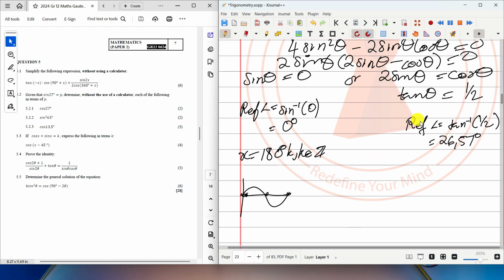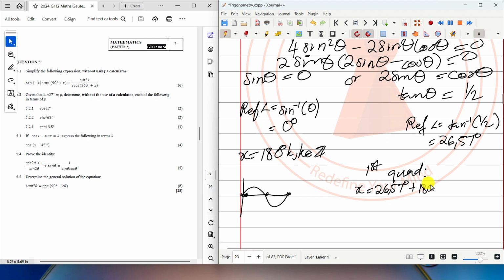Now we ask, where is tangent positive? It is positive in the first quadrant. So in the first quadrant, we work with x equals reference angle, which is 26.57 degrees, plus 180 degrees k, where k is an element of an integer.